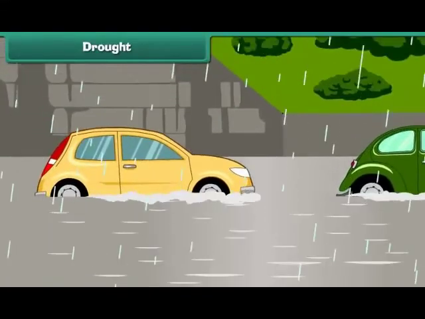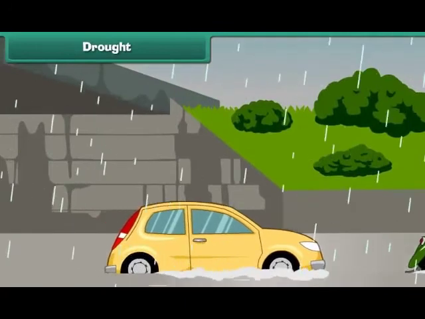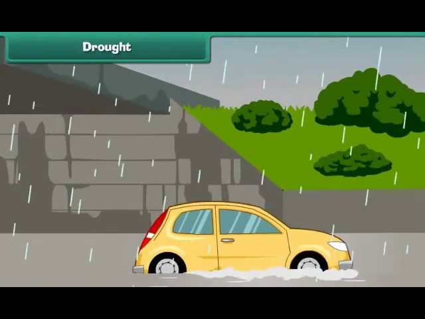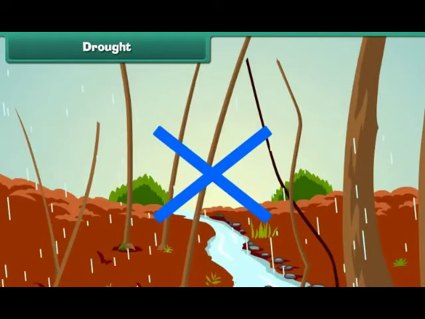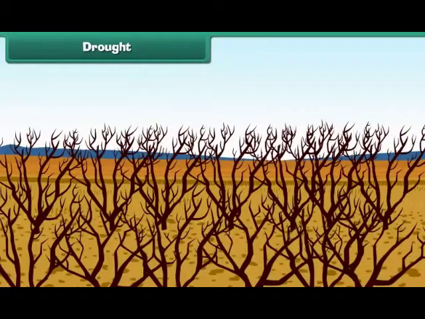Drought. We now understand that flood occurs due to plenty of rainfall. So, what is the case when there is no rainfall? Yes, it will lead to another kind of natural disaster that is known as drought.